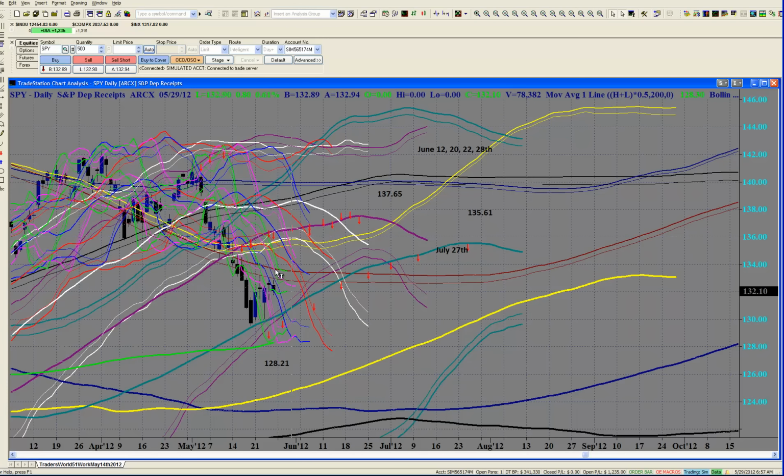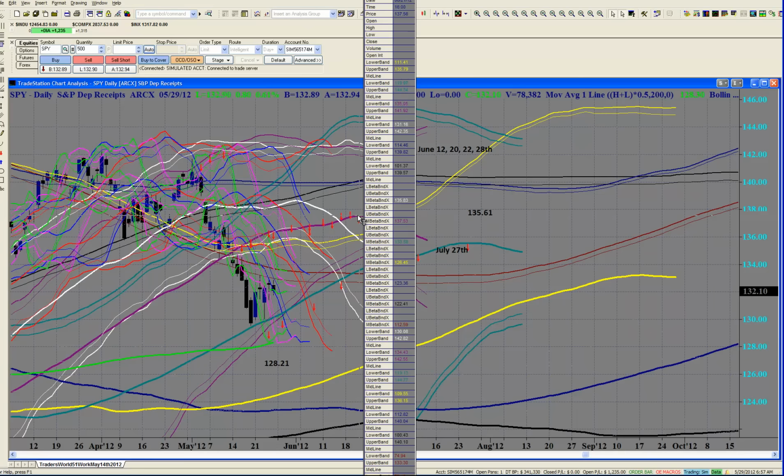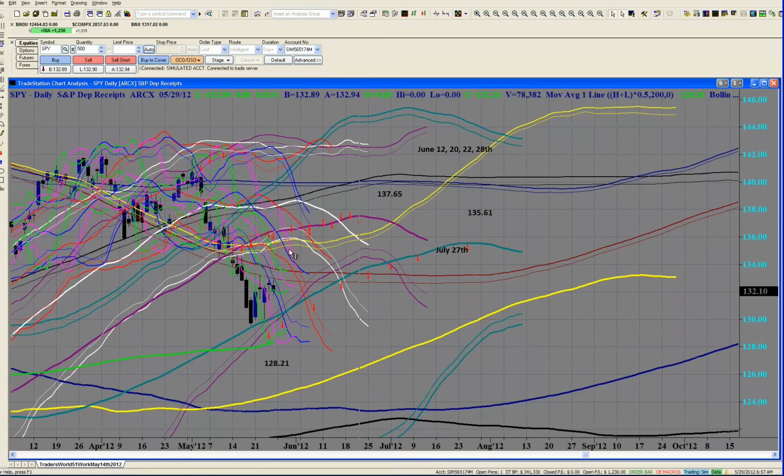Let alone there's extreme resistance right around this red boundary, but it's very extreme over here. So this is the broad-based overhead resistance. And as you get into the end of June, it rises as high as 137.56.